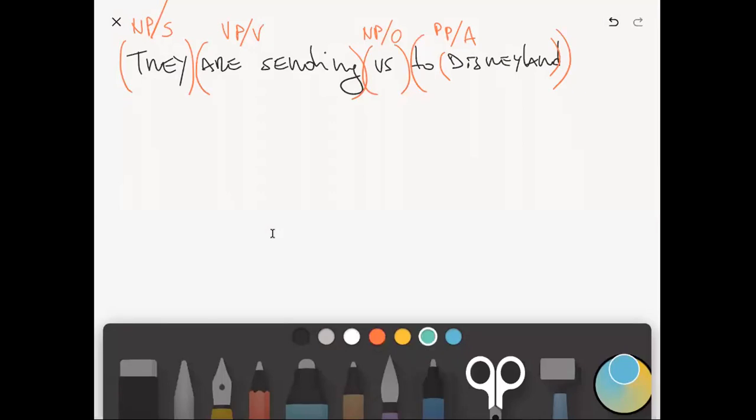Like, for example, we would say that they is a noun phrase subject made out of a pronoun head. That way, right? And for something like this, this is a prepositional phrase, adverbial, made out of a preposition head and a noun phrase.